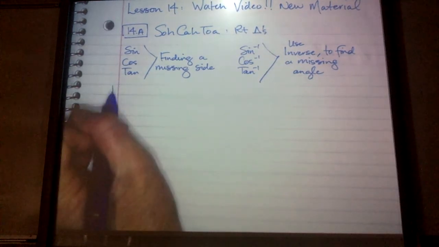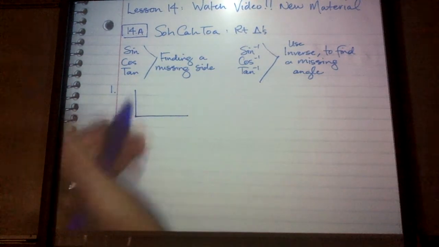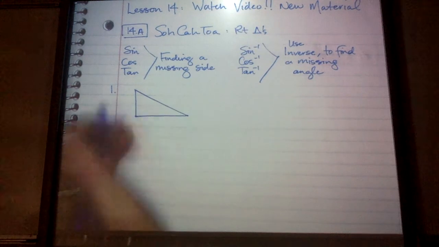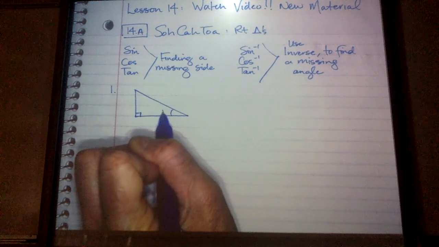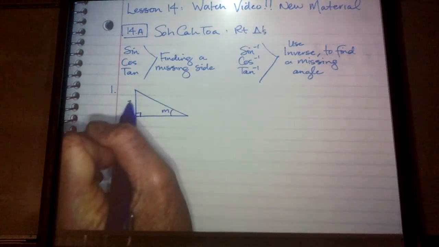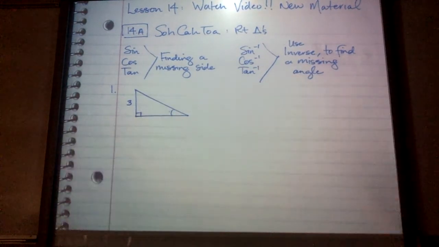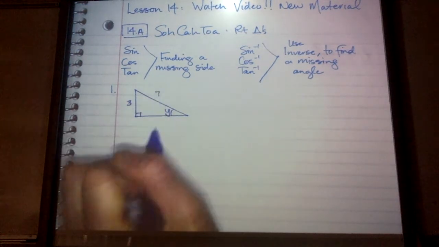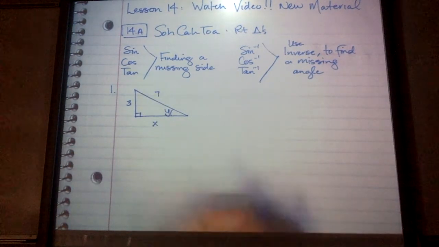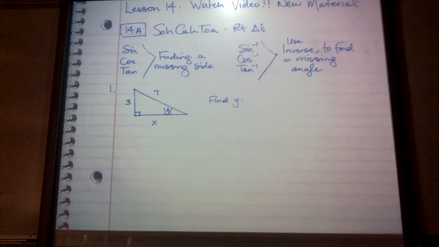So an example, here's a triangle. And this is 90 degrees. I'm going to tell you that this is M, this is 3, actually I'm going to use M. Who uses M? There's Y, this is 7, and this is X. So to find Y, I'm going to use my inverse functions because Y is an angle.